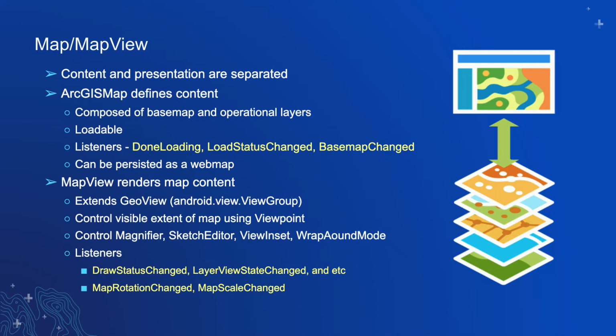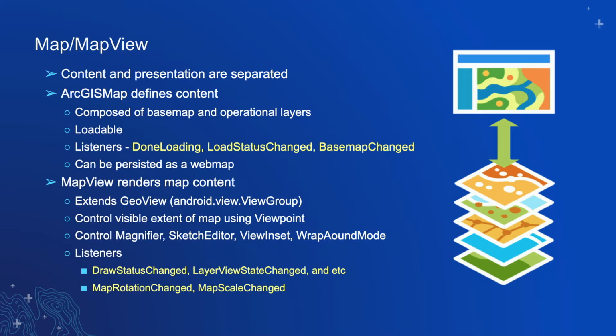You can also persist your map as a web map and share it with your colleagues to the portal. And the map view controls the rendering of the map content. The map view, as Rama already mentioned, extends geo view and adds some 2D functional methods to the map view.